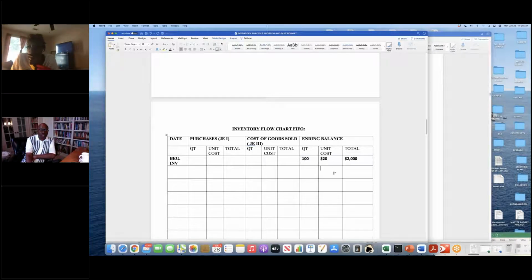We've already made the journal entry for this. So we have beginning inventory of 100, the unit cost is 20, and so we had $2,000 in the beginning inventory.